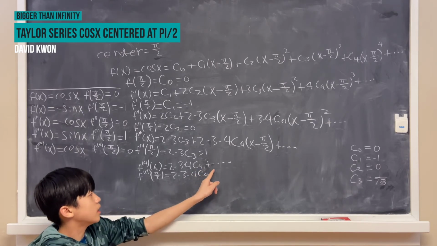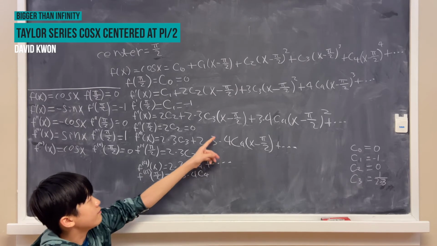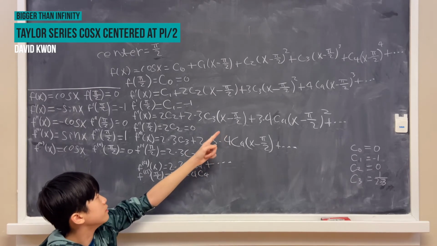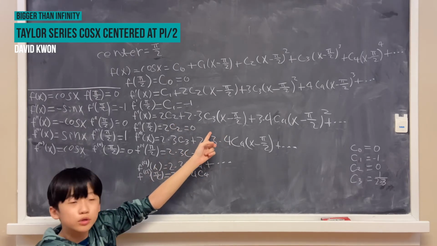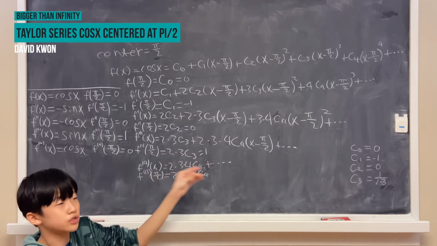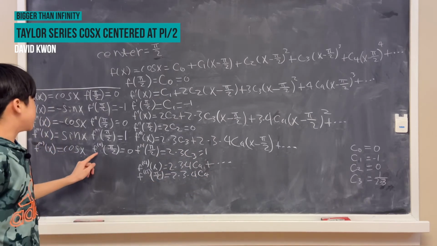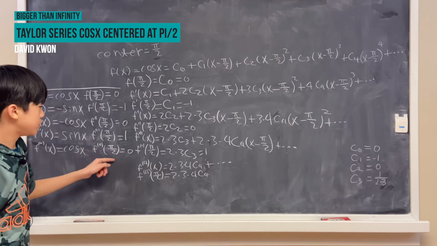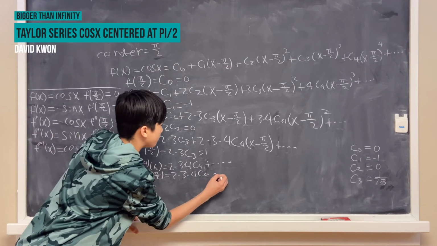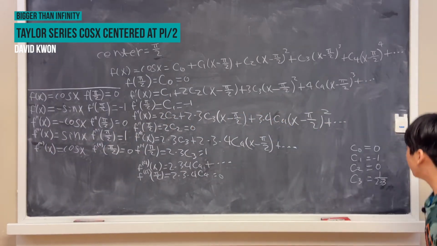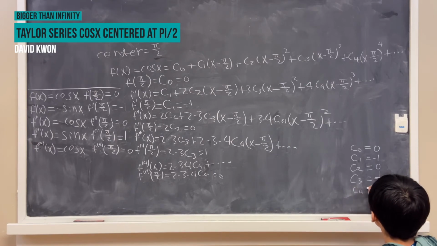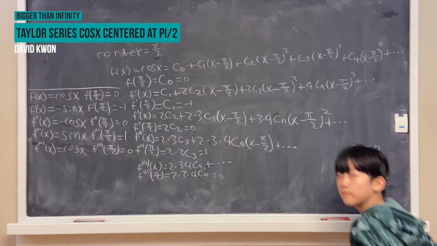And the plus dot dot dot represents having x minus pi over 2, and in front we have all of these multiples, but since we are putting pi over 2, they all just cancel out. And now here it says that f to the power of 4 pi over 2 is 0. So our value for c sub 4 is equal to 0.